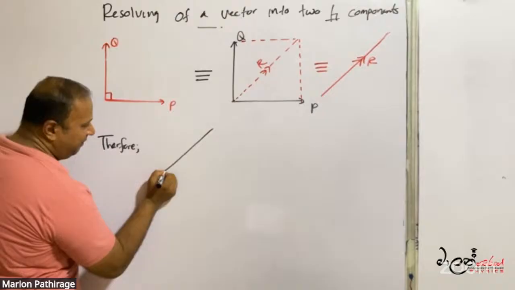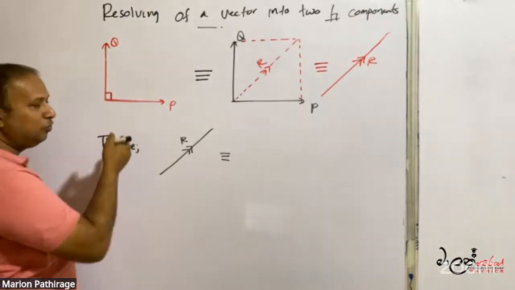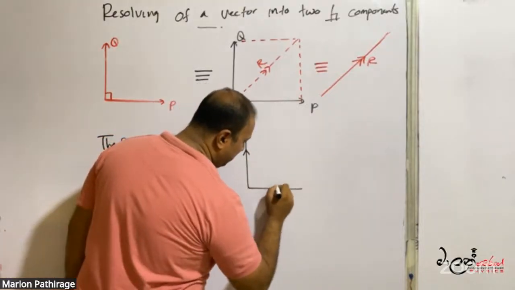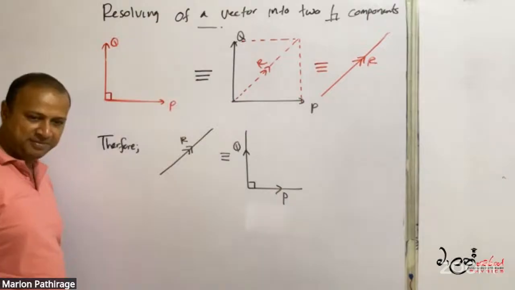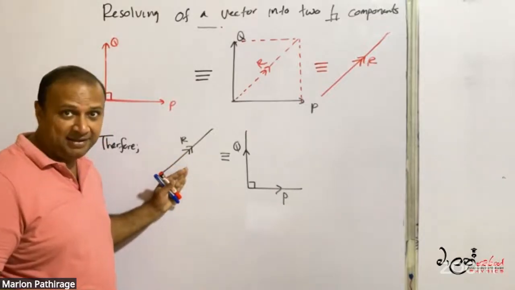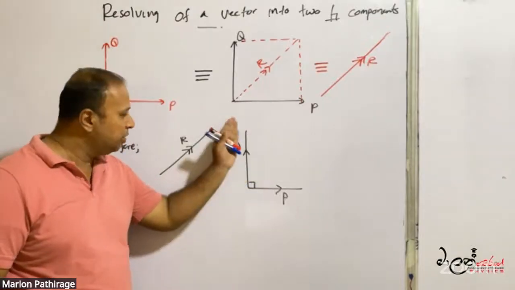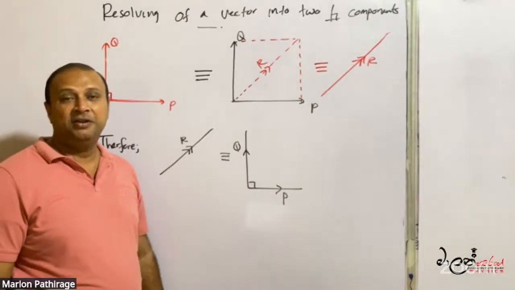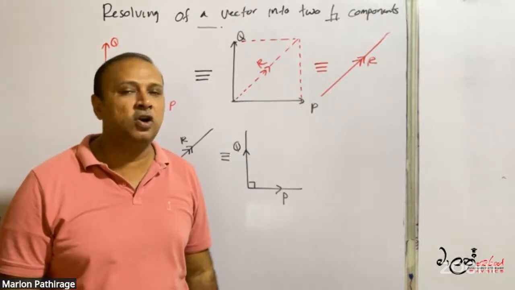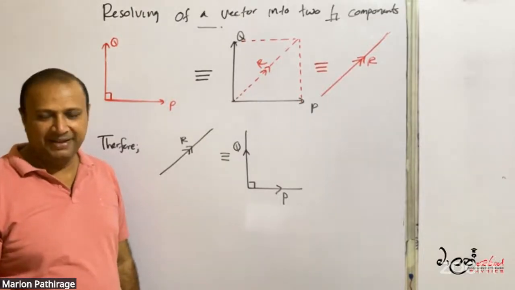Therefore, this single vector R is equal to two perpendicular components, P and Q. When necessary, we can represent this single vector R by two perpendicular components, which are called the resolved components of R. Is that clear?